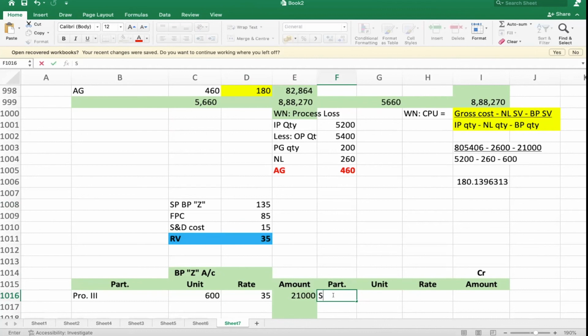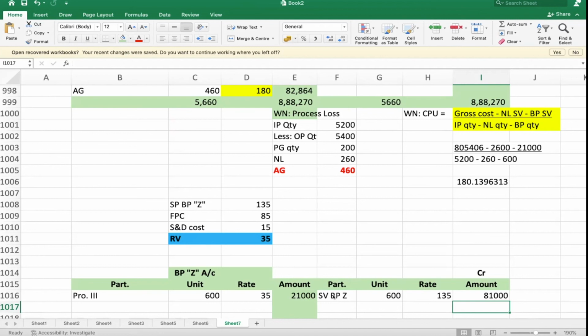So 600 quantity you are going to sell at 135 rupees selling price. So 600 into 135 is 81,000. By sales will come, nothing but cash or sales you have to park it. So by way of selling, you are going to get cash. So 81,000 is the credit side.